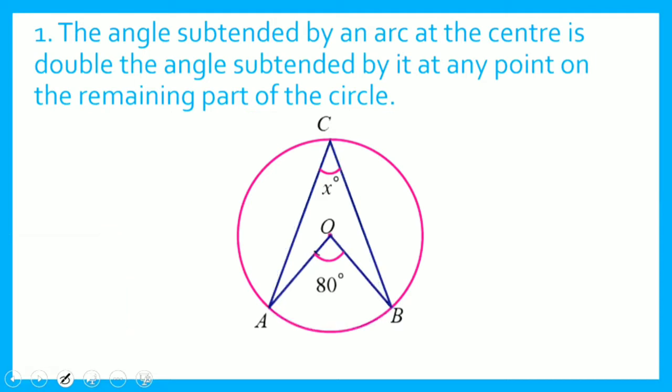If this angle formed at the center here is 80 degrees, then the one formed at the circumference using that same arc is going to be half of 80. Since 80 is double whatever angle is formed at the circumference, x would be half of 80 degrees, which is 40 degrees.